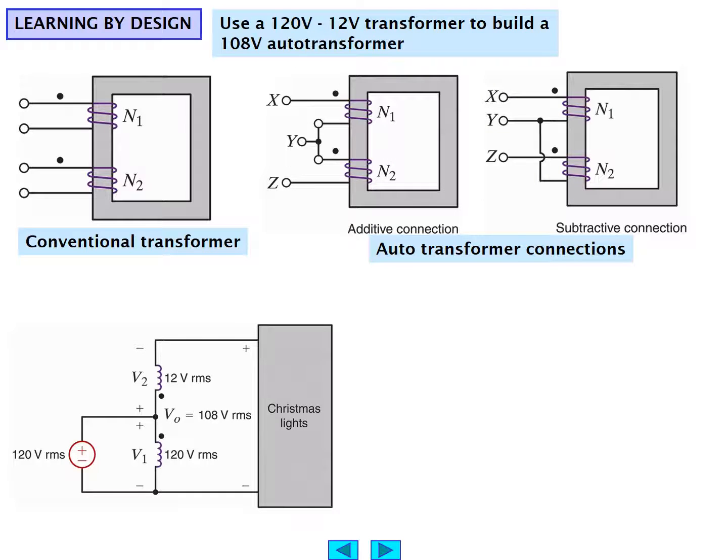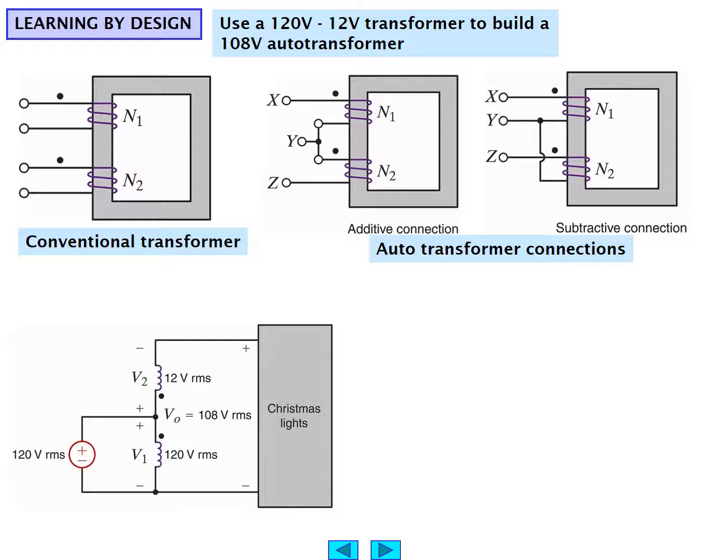So the auto transformer connections can be done in a couple different ways. We can add them together. For example, if we do that, we would get the sum of the voltages. Notice the dot notation means that we would get the sum of the voltages. We'd get 120 plus 12. Or if we wire it the way we just described, with the dot notation the way we just described, that's a subtractive connection.